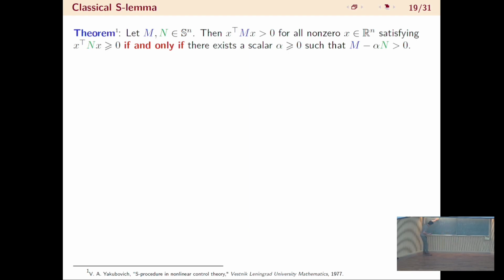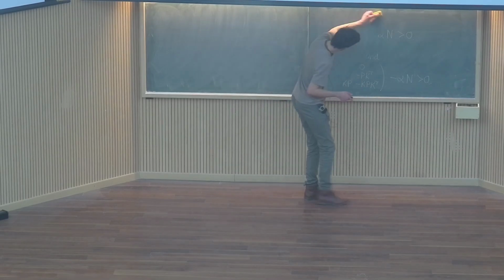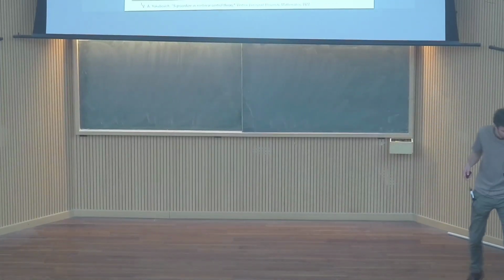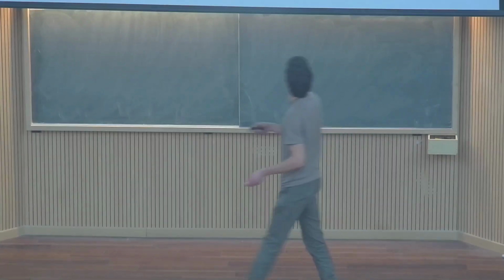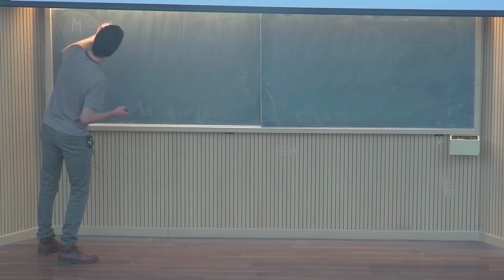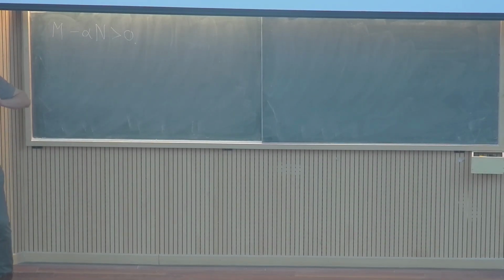Well, the if part of this result you can show quite easily. And the only if, similar to what Kanat was saying yesterday, is always the difficult part to show. But maybe at least I can show you the if part on the board. We assume that there exists an alpha such that this matrix inequality holds.